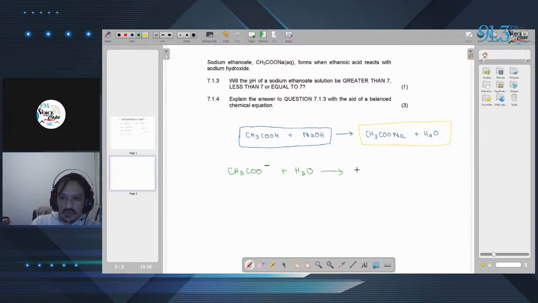Essentially, this is going to build up more OH minus ions, and we're going to get CH3COOH. So as we're building up these hydroxyl ions, we are increasing the basicity of the solution at the product point of the chemical reaction.